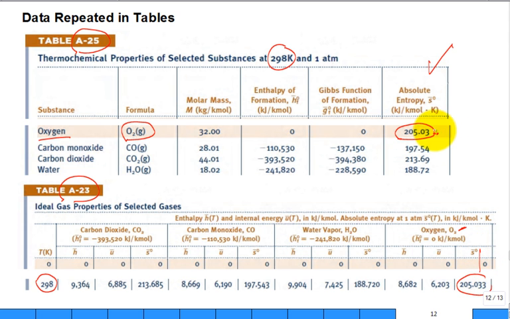These are same values. See that? So the data is consistent between the tables. Let's take a look at water vapor. What's that, 188? Here's the water vapor, 188, same.